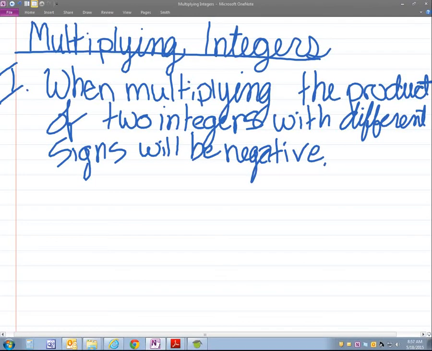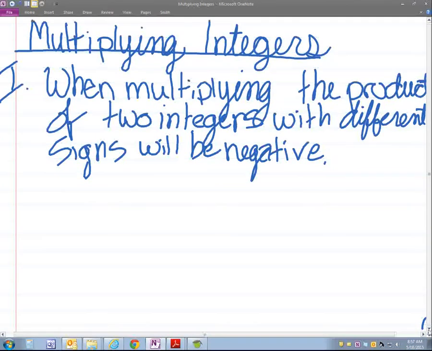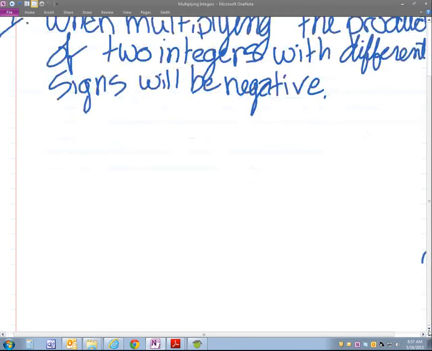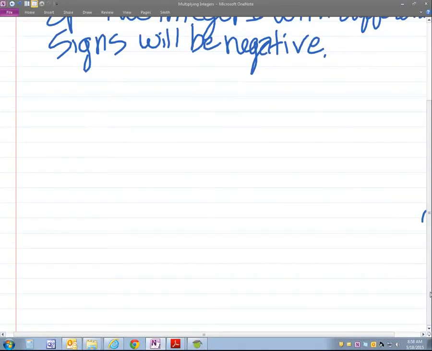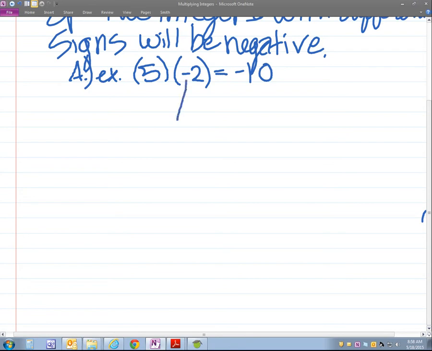So, for example, if we have 5 multiplied by -2, the product is going to be negative because one sign is negative, one sign is positive.